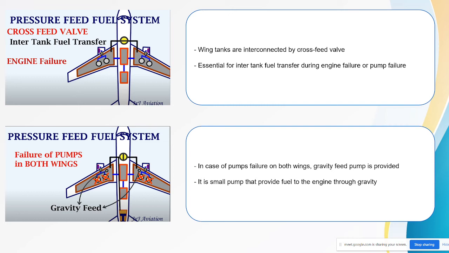Okay, so next, in case of failure of the pumps on both wings of the aircraft, where the fuel cannot be pumped, they use the gravity feed method. It is a small pump that provides fuel to the engine through gravity. As we all know, the engine is usually located under the wings, so this also helps the gravity feed system.